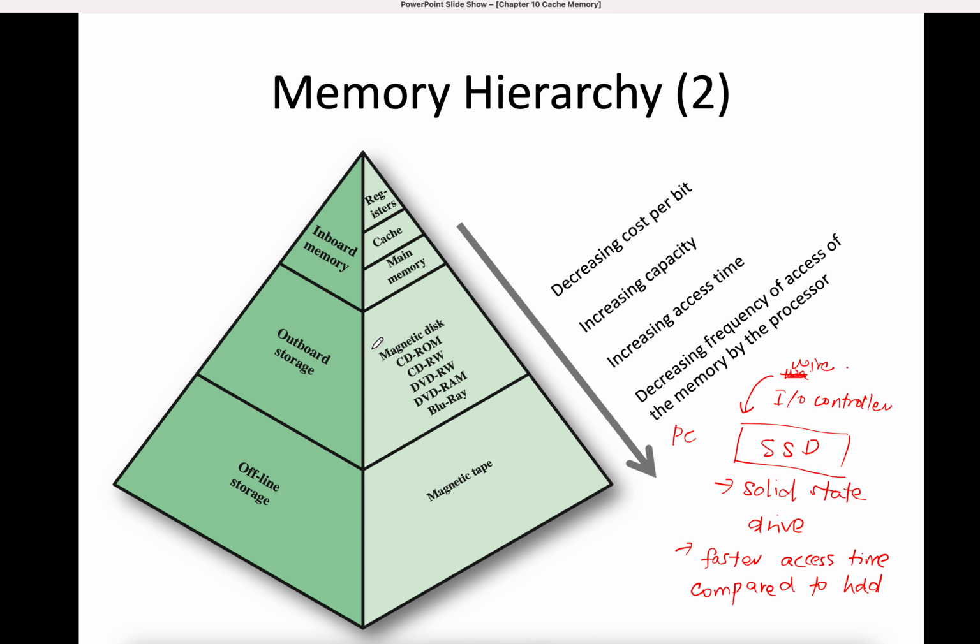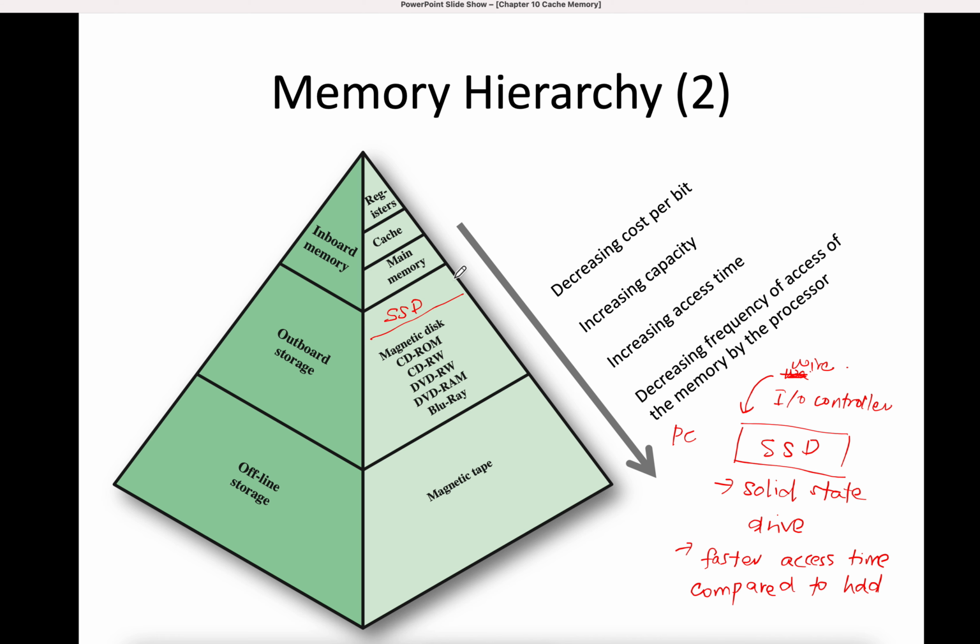So basically SSD is located here. It's above the hard disk because it is faster. It has faster access time compared to hard disk, and in terms of cost it is quite expensive compared to hard disk, but it's not as expensive as main memory.